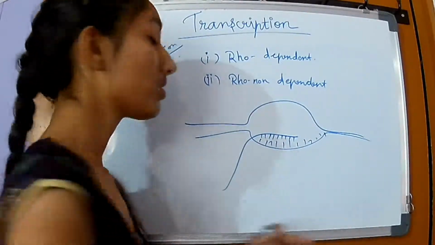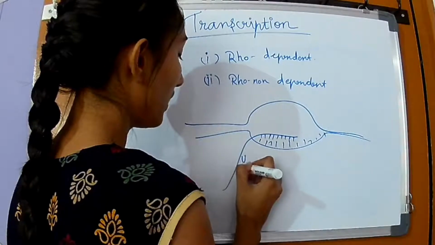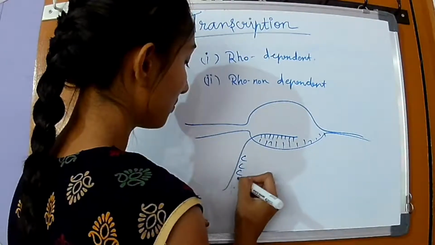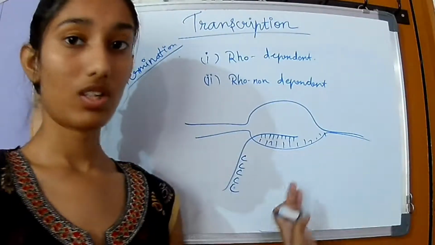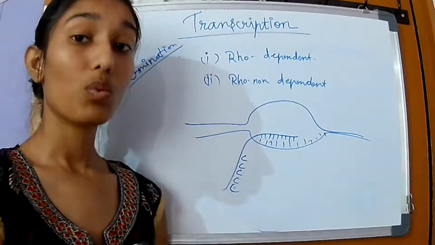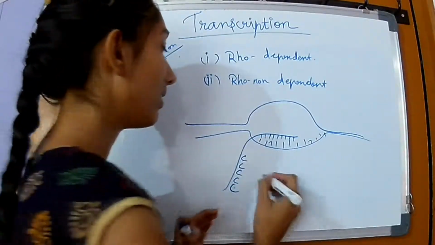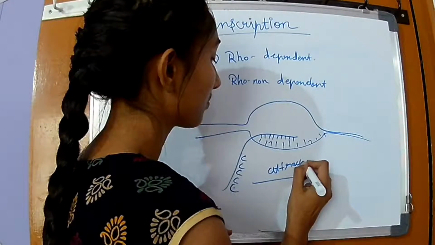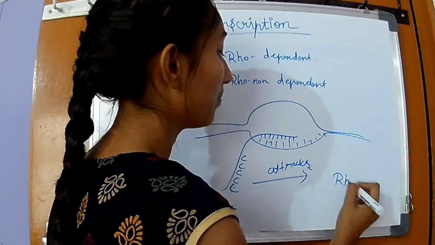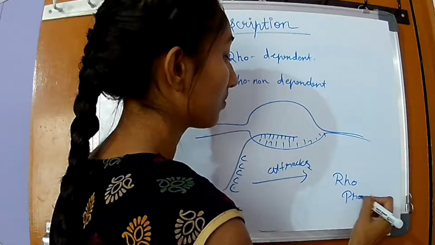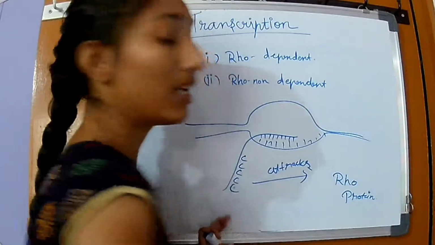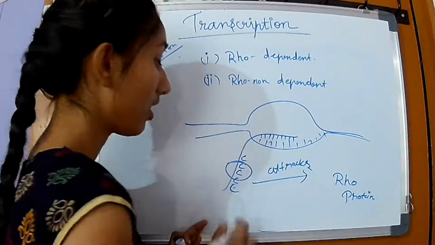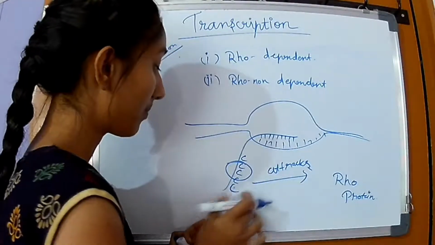Now, at one stage, there are so many C's present on the mRNA sequence, which actually attract the RHO protein, and then this RHO protein binds to this poly C site.